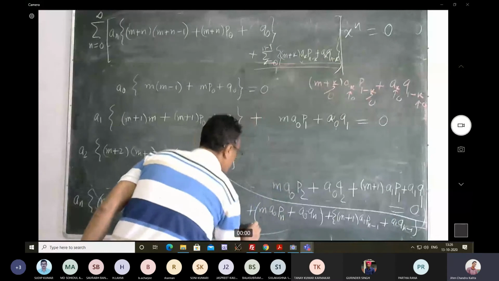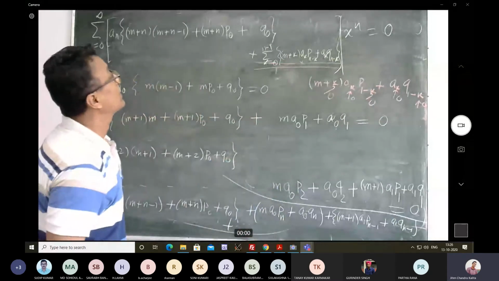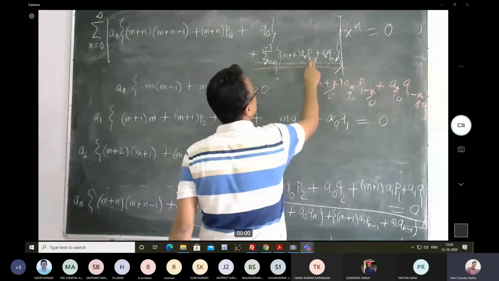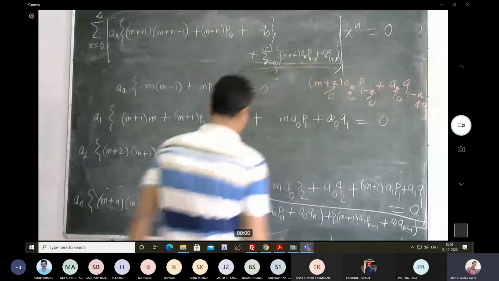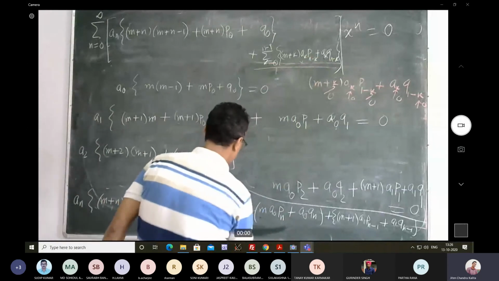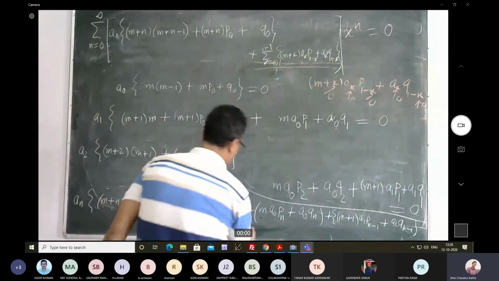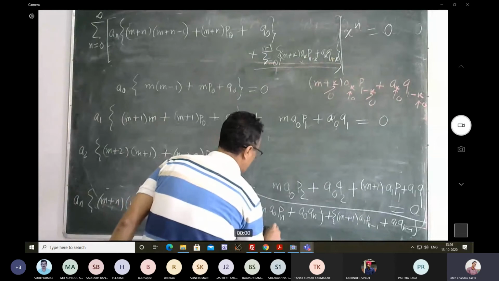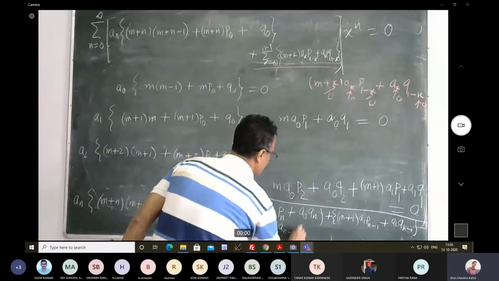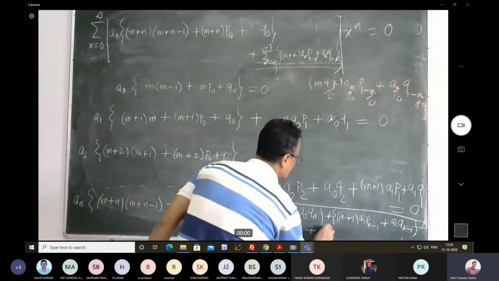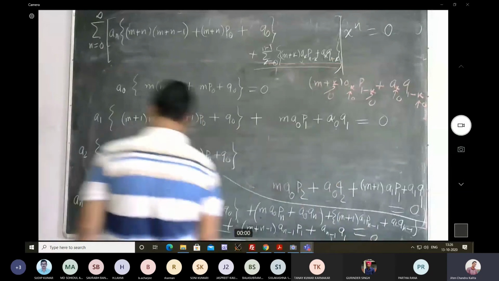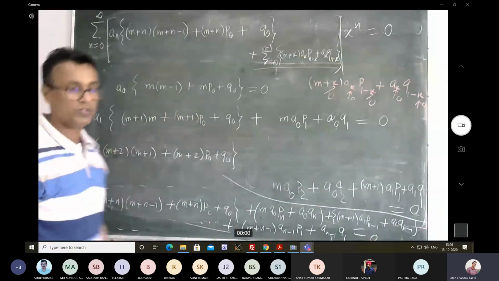So in this way, once your k becomes n minus 1, you will see that this is going to become p1. So the last term is m plus n minus 1, then a n minus 1 p1 plus a n minus 1 q1. This is equal to 0, and of course there are more equations.